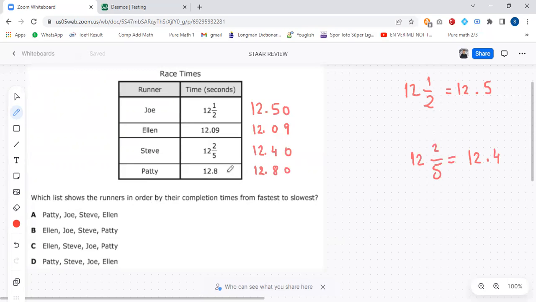Which list shows the runners in order by their completion time from fastest to slowest? Okay, from fastest. Which one is the fastest here? The one that finishes earliest, right? So if we find the smallest number here, that's going to be the fastest. So Ellen is going to be the fastest because it is the smallest, 12.0548.